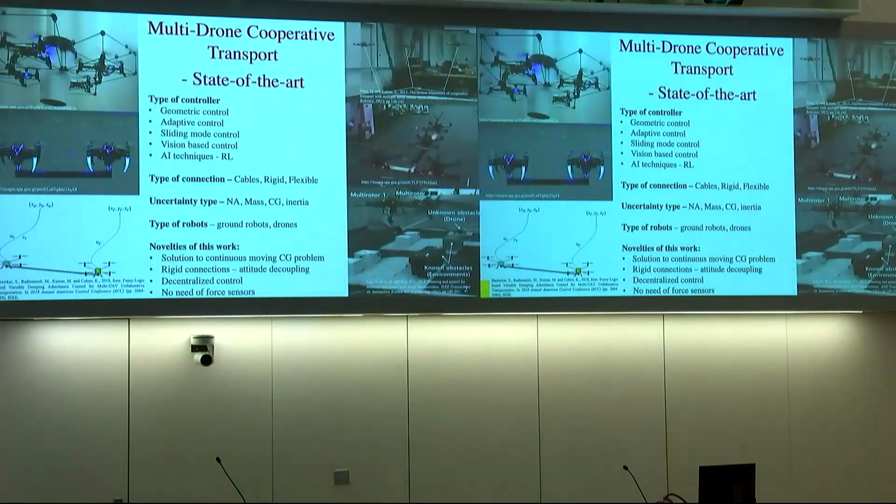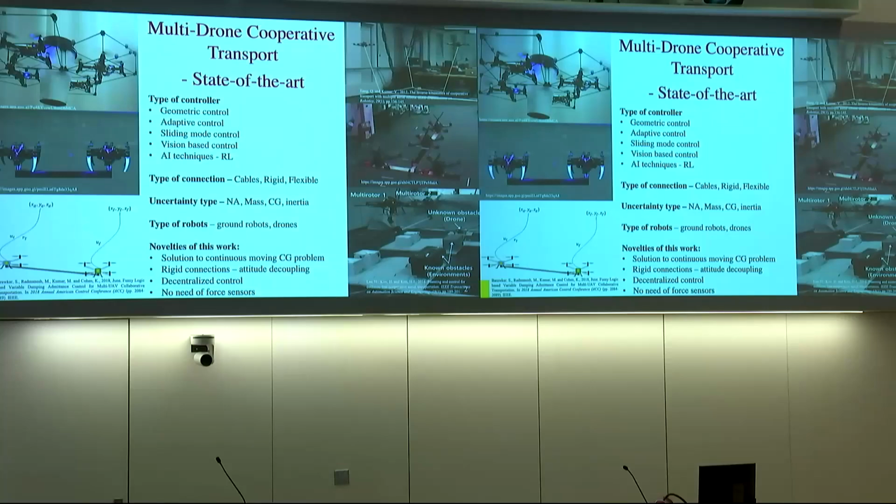So this is the state of the art on cooperative transport. And you can see there are different types of control schemes used: geometric control, admittance, adaptive, sliding mode control, vision-based control. And all these control techniques have been tested for different types of connections, such as for cables, for rigid connections. Cables, strings are there.